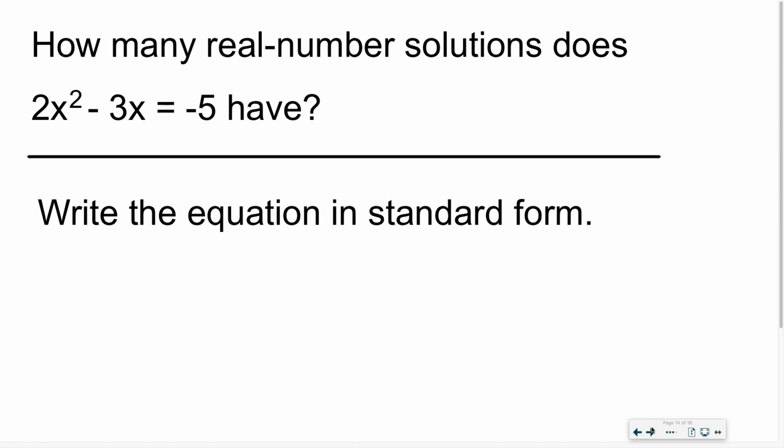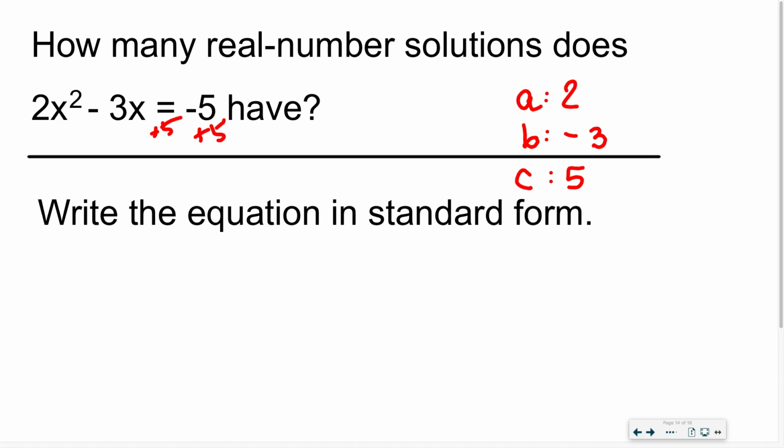Okay, so not only that I need one, but I need to know what the A value is, what the C value is, and what the B value is. So what would I have to do here? What is my equation in standard form? Yeah, I can add 5 to both sides. So my A value is 2, my B value is -3, and my C value would be 5.